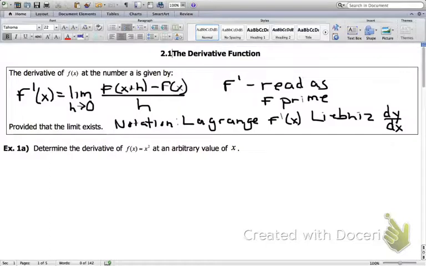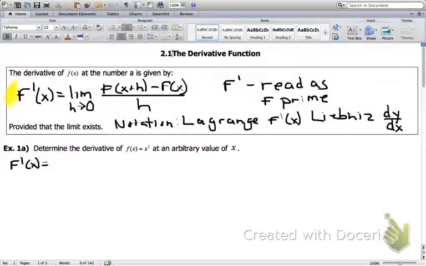So in example 1, we want to determine the derivative of f at x equals x squared at an arbitrary value of x. We are going to use this derivative function here when we're finding our limit. So our f prime of x is just going to be equal to the limit of f at x plus h minus f at x all over h.